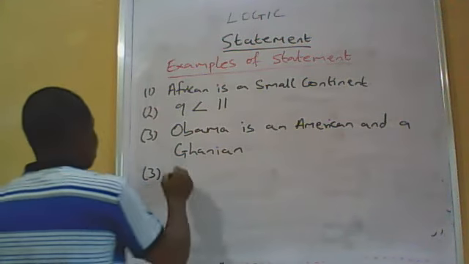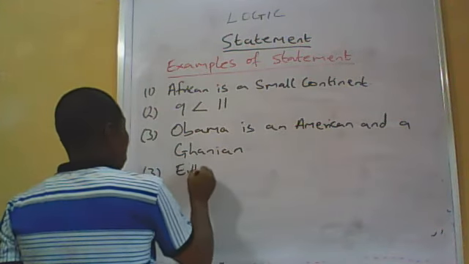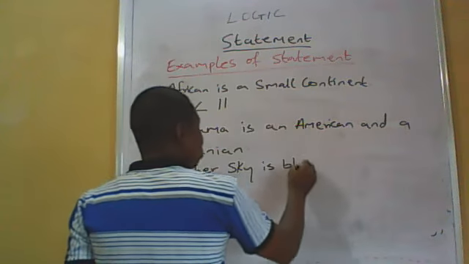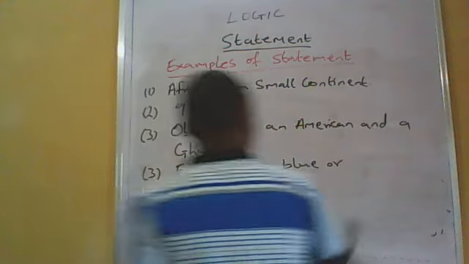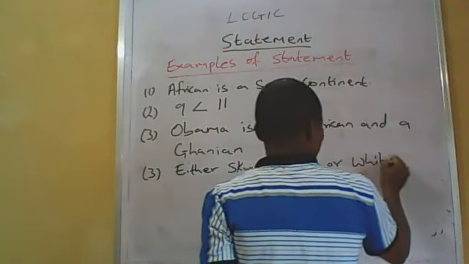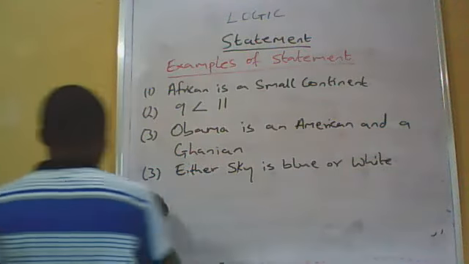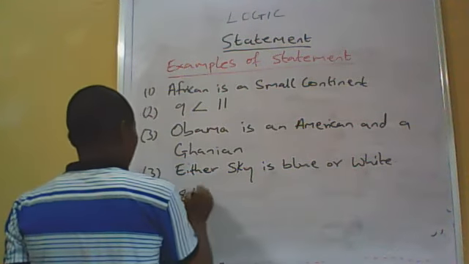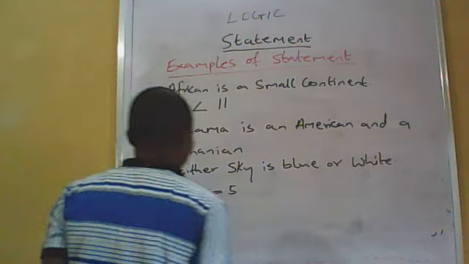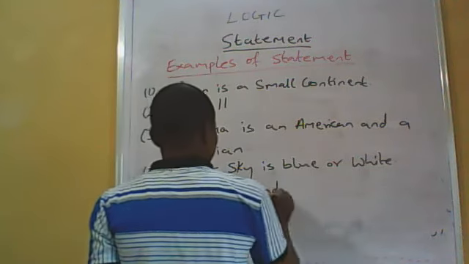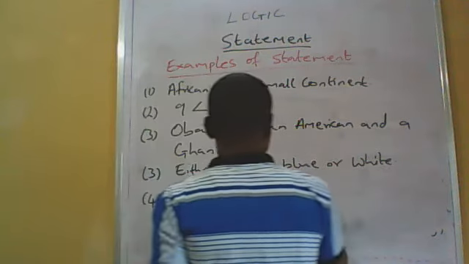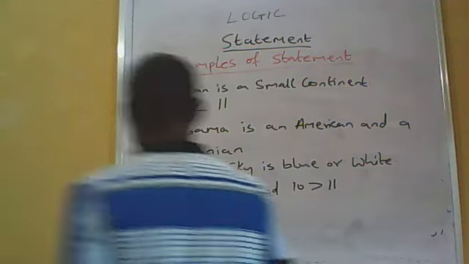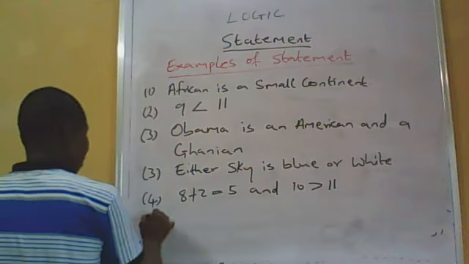4. Either sky is blue or white. 5. 8 plus 2 is equal to 5. 6. 10 is greater than 11. 7.